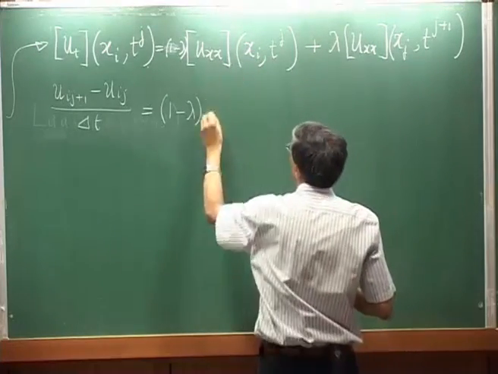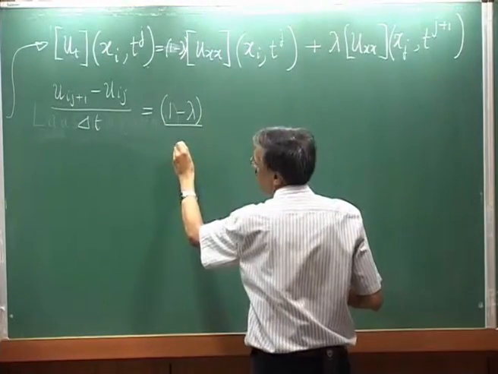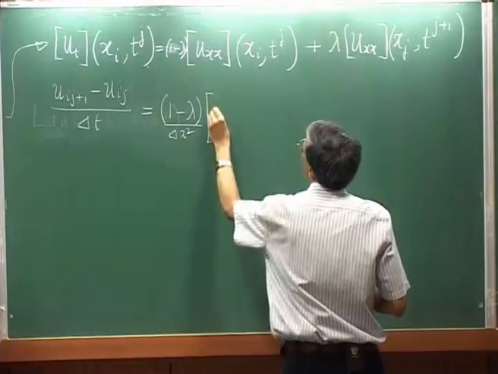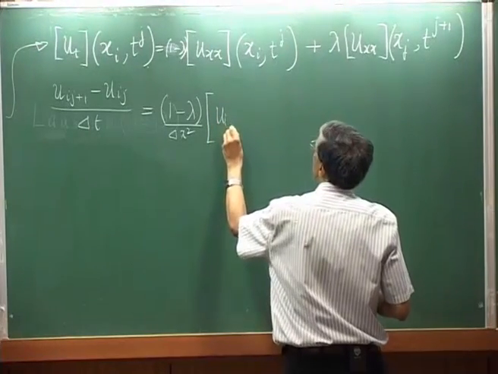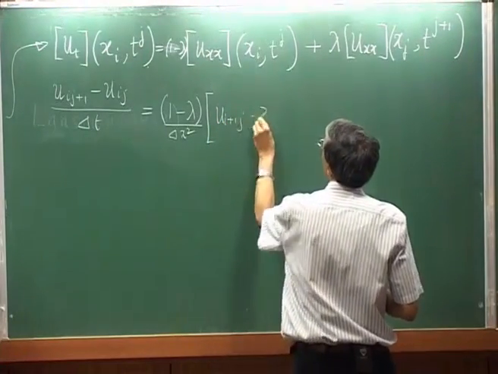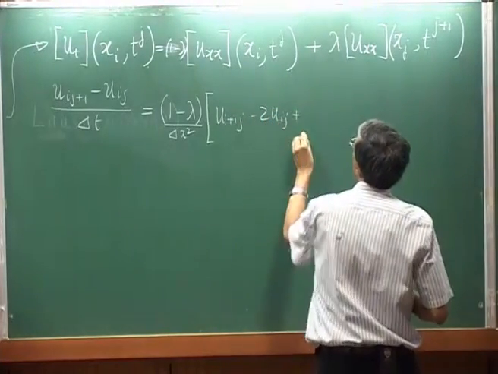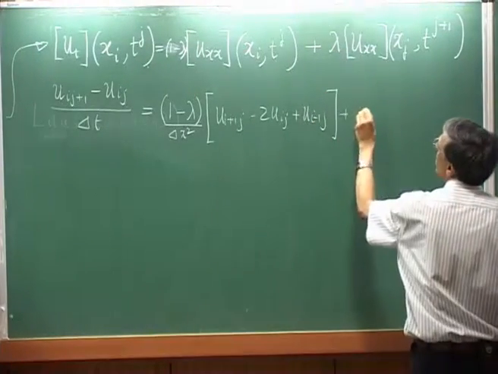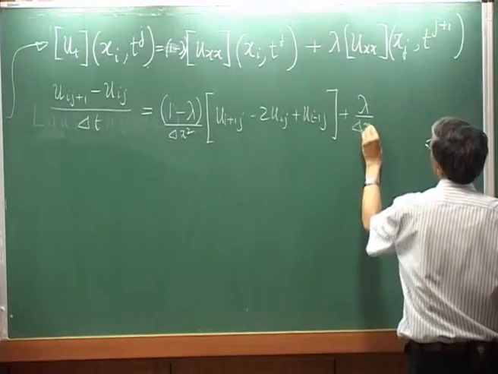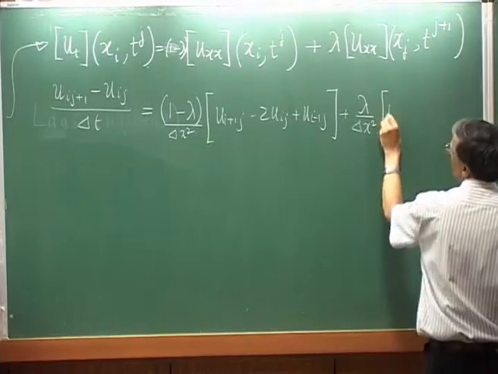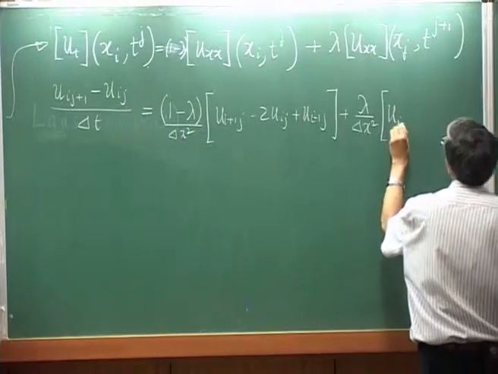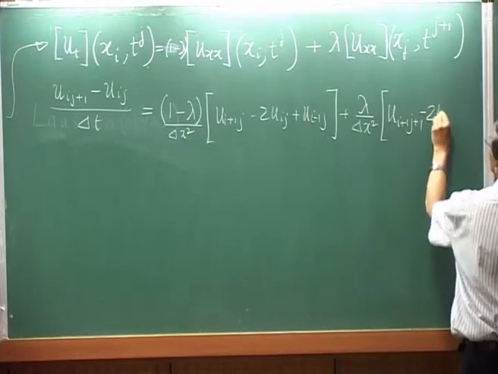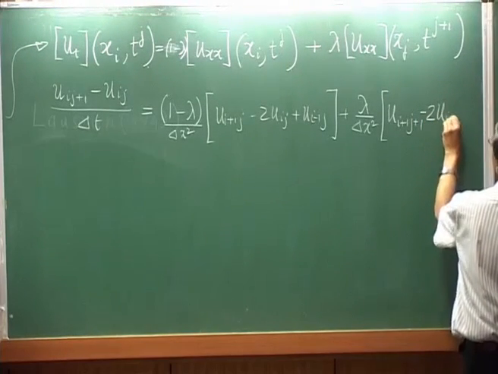If I, of course, write this, I would get, if I call that delta x square, u i plus 1 j minus 2 u i j plus u i minus 1 j, that is this part, and from here I will get lambda by delta x square, and I will write down the same stencil, but now it is evaluated at j plus 1th level. So, this is what we are going to get.